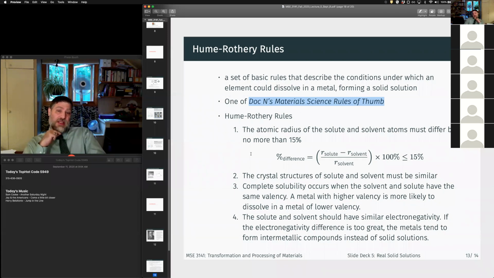So what are they? Basically, the atoms should be about the same size. The solute and the solvent, if they're going to form a complete solution with complete miscibility in each other, shouldn't differ by more than 15% in size. Why 15%?